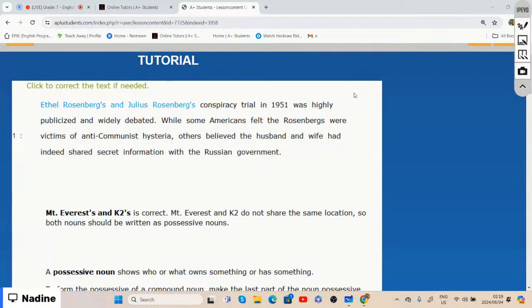All right. So we said Ethel Rosenberg and Julius Rosenberg's conspiracy trial in 1951 was highly publicized and widely debated, while some Americans felt the Rosenbergs were victims of anti-communist hysteria. Others believed the husband and wife had indeed shared secret information with the Russian government.